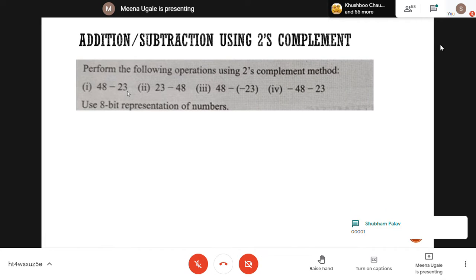Some mistake. 48 minus 23, what should you get? Please read the question properly. Use 8-bit binary representation. Please use 8-bit.